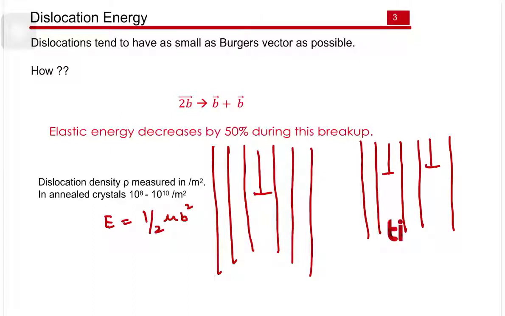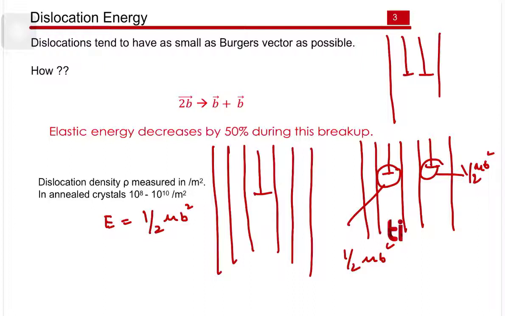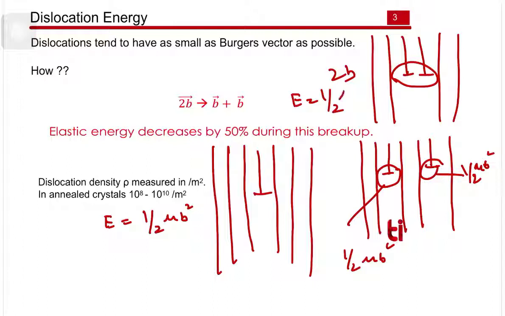Its energy will be, for this again, half of mu b square, and here half of mu b square. Now if in another case the two dislocations are together like this, the Burgers vector associated with this will be 2b. So the energy E equal to half of mu (2b) square.